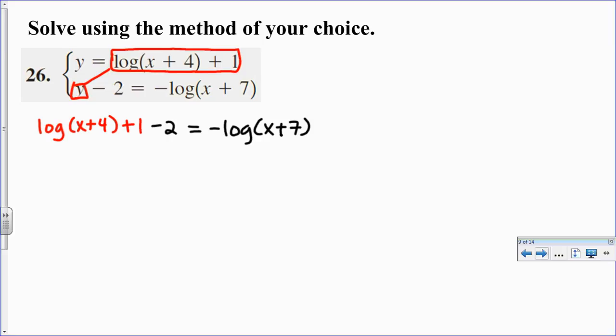Okay. Let's combine your like terms real quick. So that'll be log base 10 of x plus 4 minus 1 equals negative log base 10 of x plus 7. Okay. So I need to somehow get rid of the log so I could solve for x. I cannot do that yet because I have a minus 1. So that's not going to work.